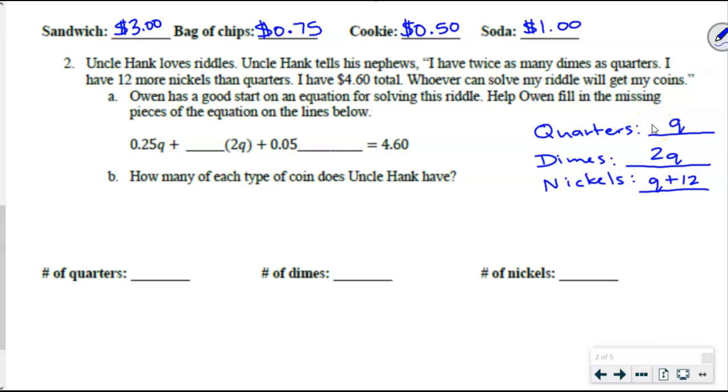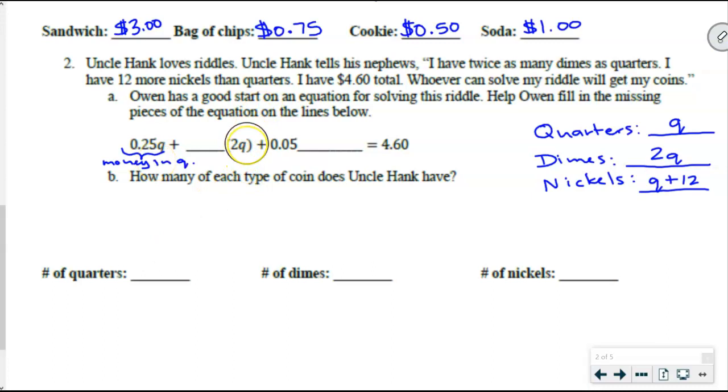So what does that 0.25 times Q actually represent, Tage? Yeah, how much all of the quarters are worth. So if Q is how many he has, quarters are 0.25, a quarter of a dollar. So this is going to represent the money in quarters. How much money he has in quarters.